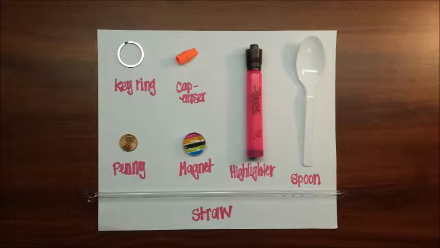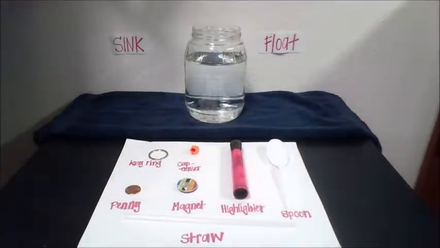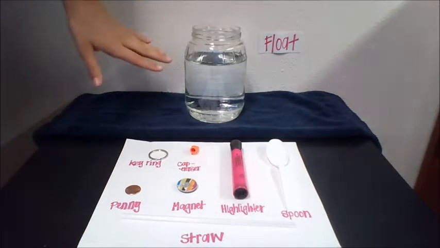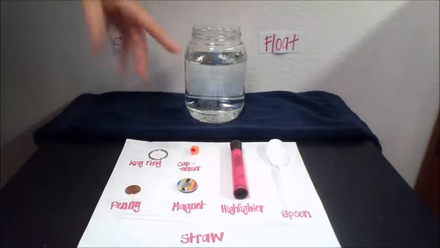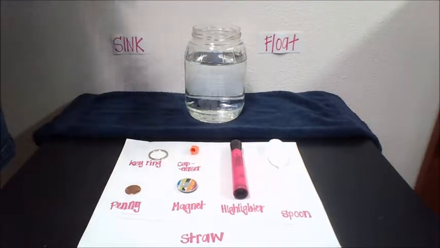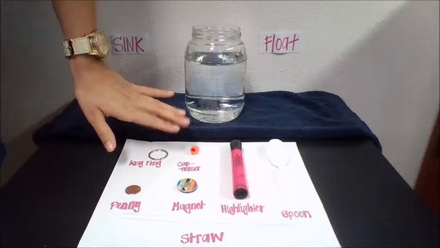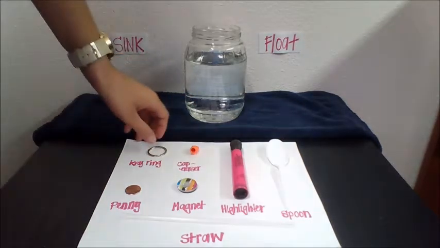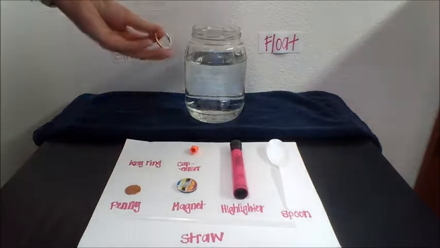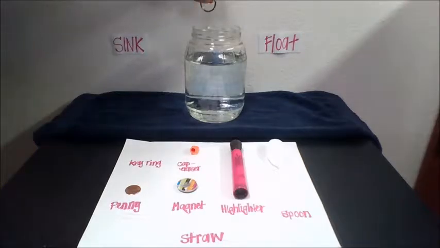Let's get started. Here we have a jar filled with a liquid, which is water. So the first object we will be testing is the key ring. Now if the key ring is less dense than this liquid, then it will float.